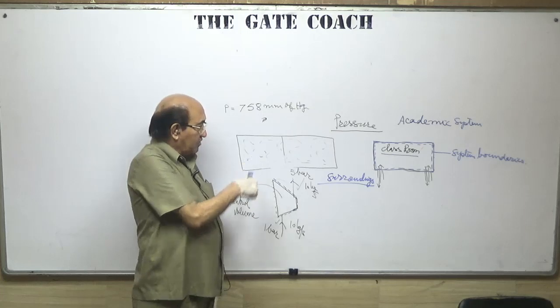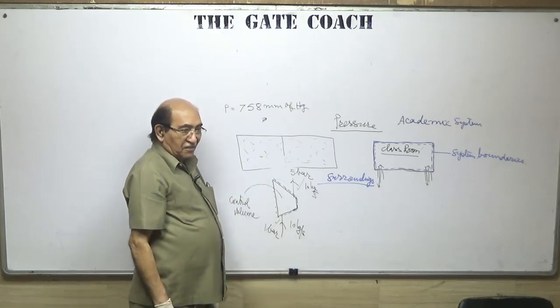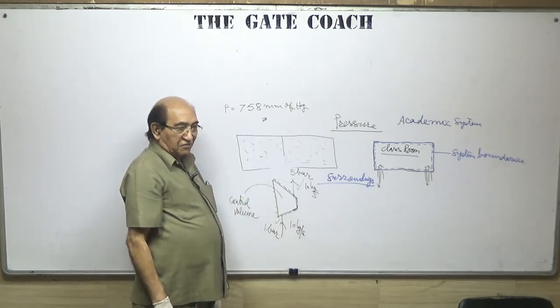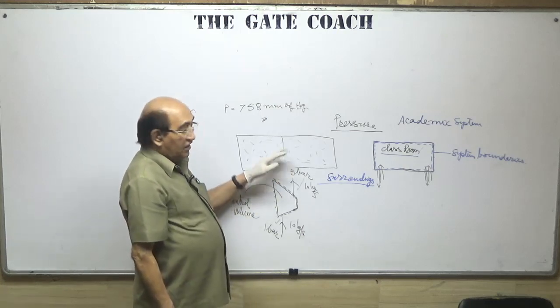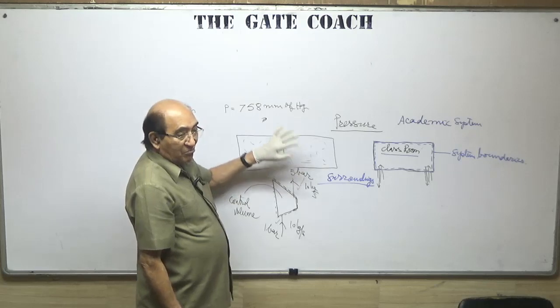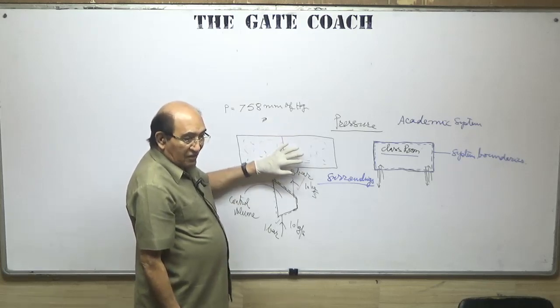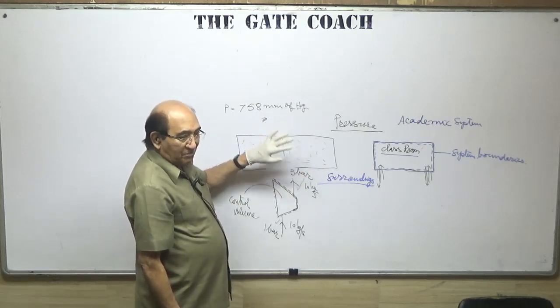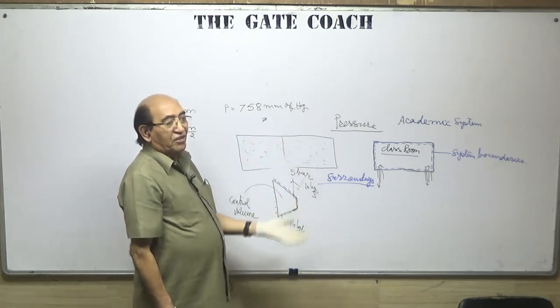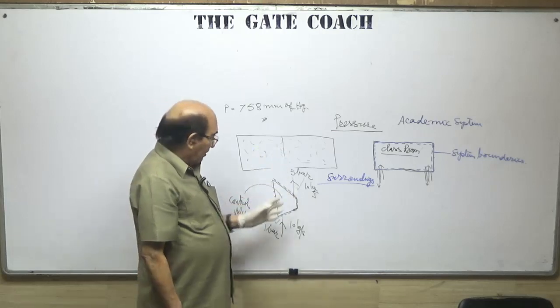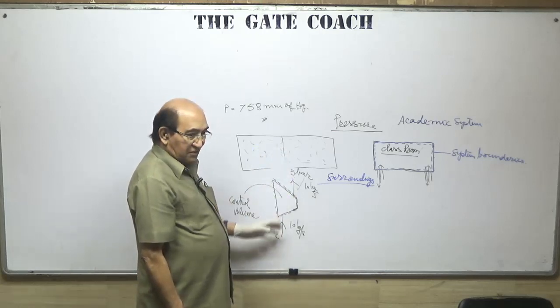When we talked about whether it is intensive or extensive, we were taking a system, in which whatever mass is present, whatever volume is present, we take a part of the mass, part of the volume. We were not considering these flows.